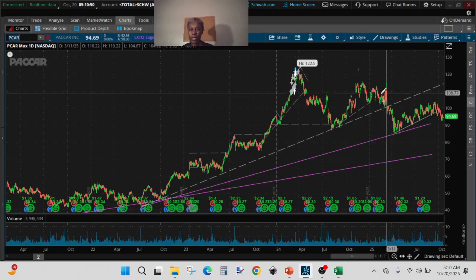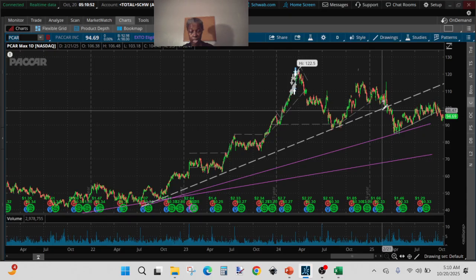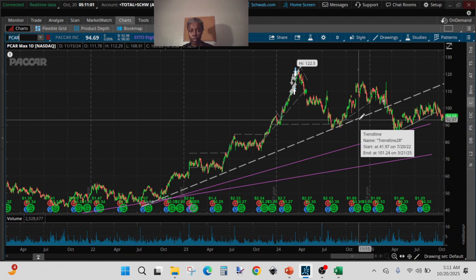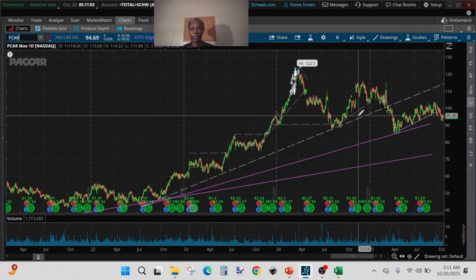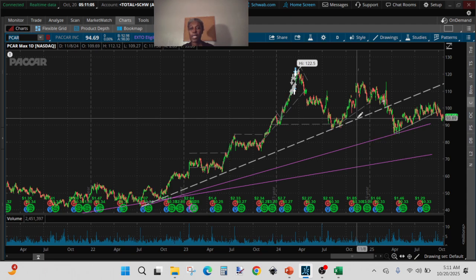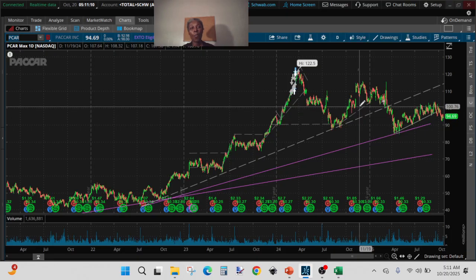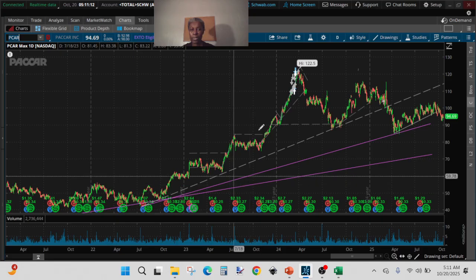So when it reached this support line here, we didn't know if it was a support line at the valley of the mountain, or a support line for the upward side of the mountain.